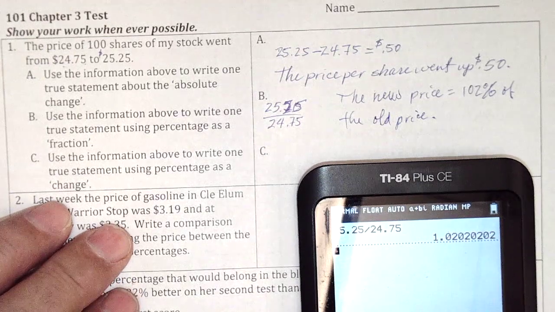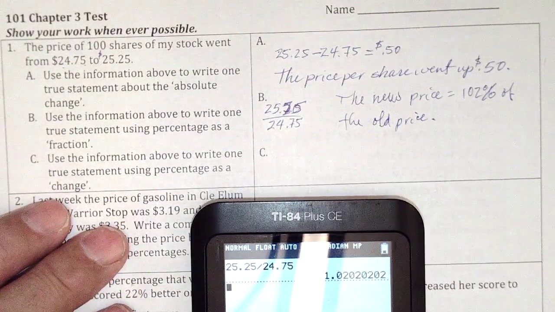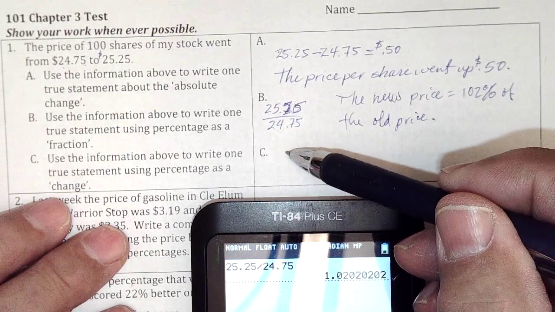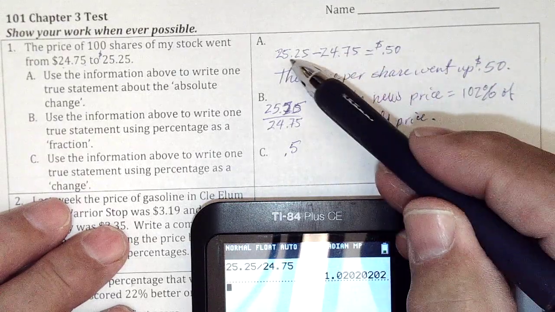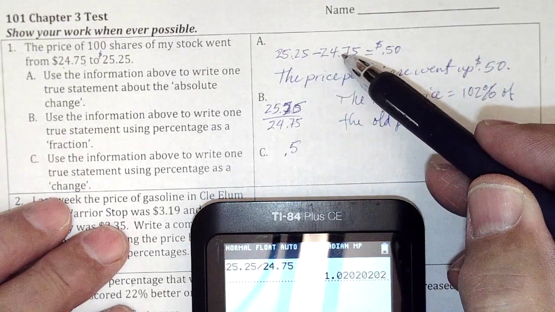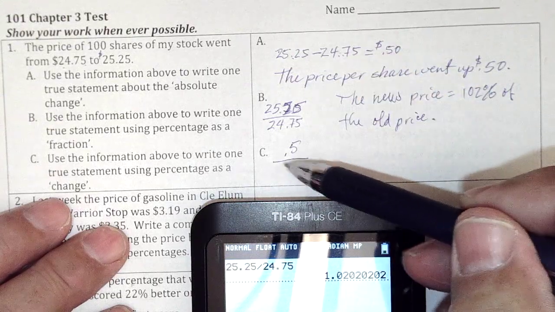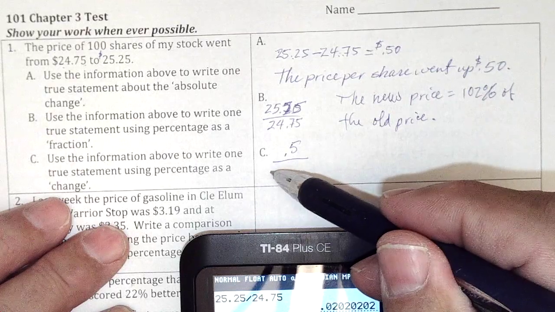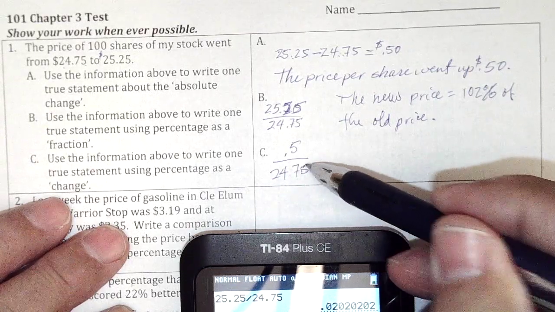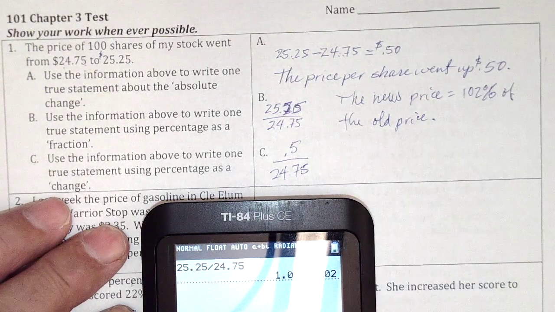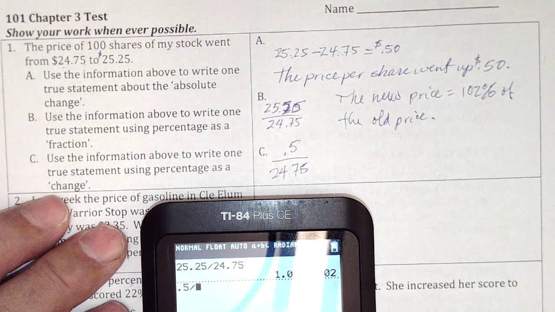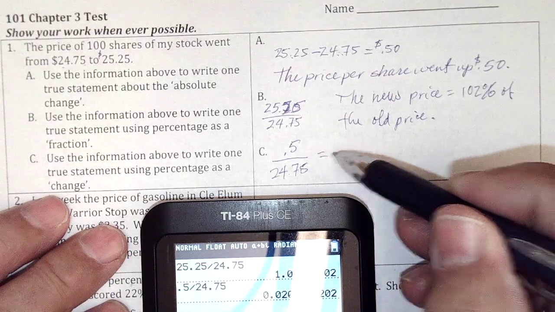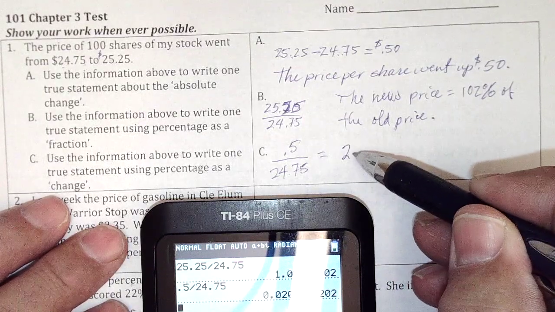And a true statement using percentage as a change. So this is where we do the absolute difference, the final value minus the reference value, divided by the reference value, 24.75. 0.5 divided by 24.75, times 100 is 2%.